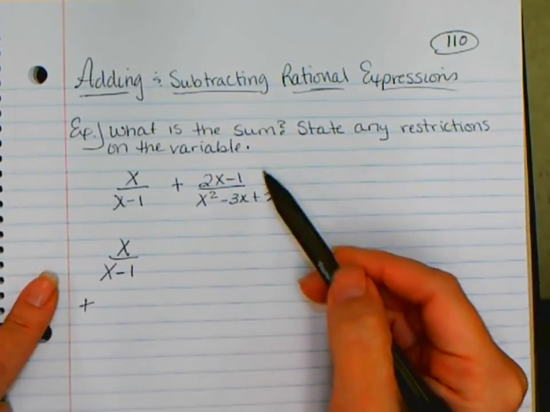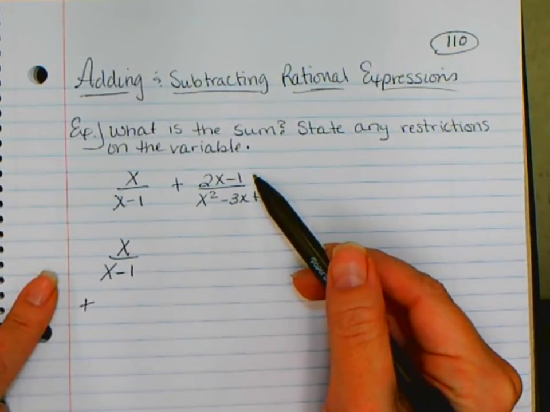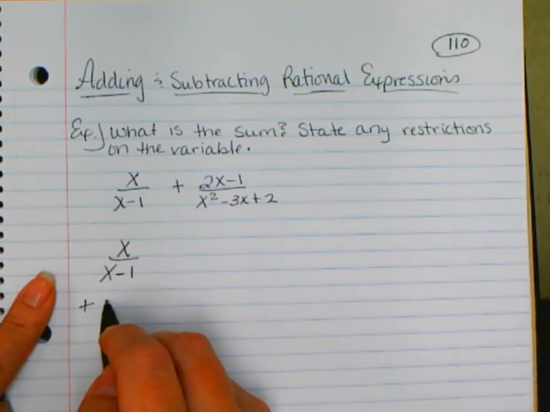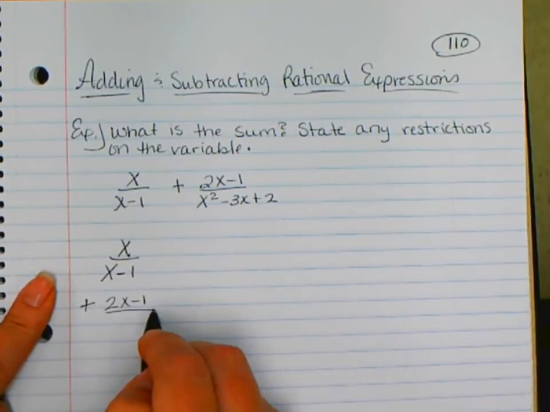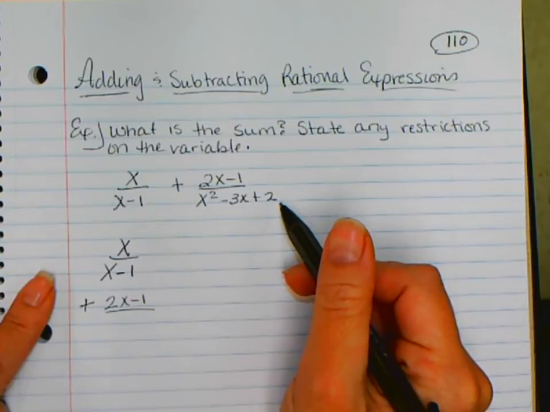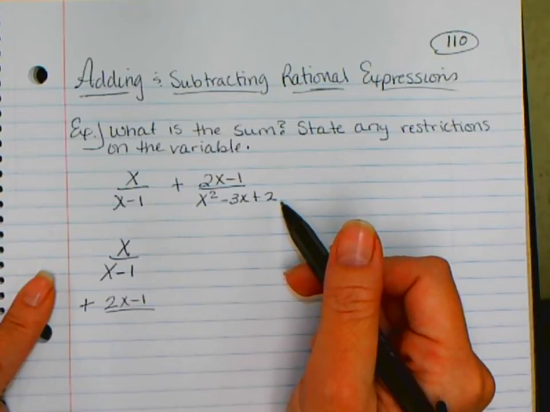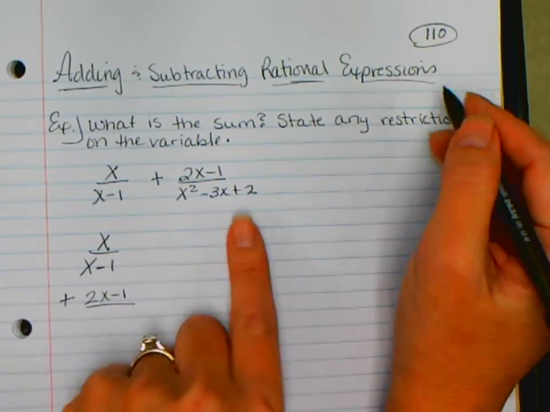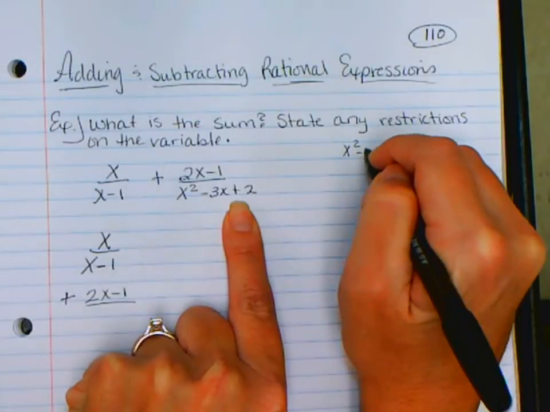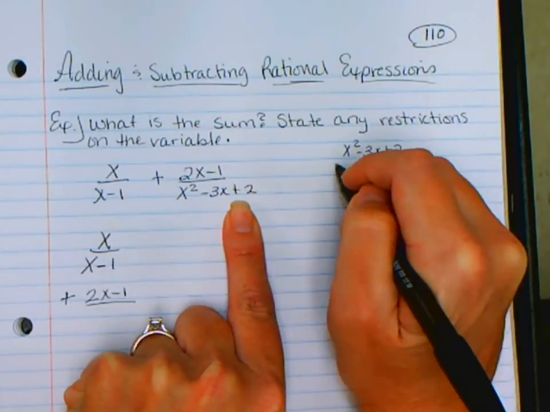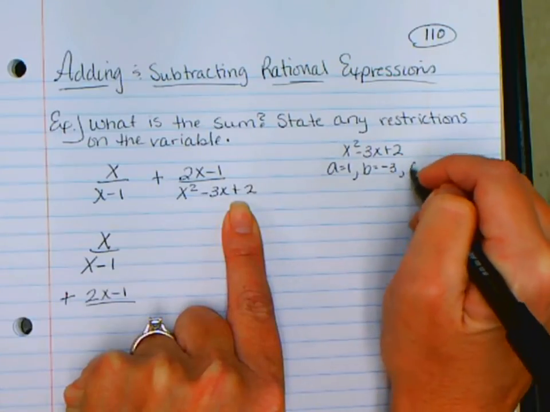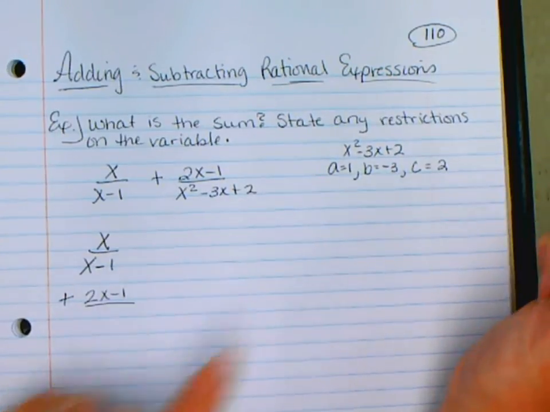Plus, in my second fraction, can I factor 2x minus 1? No. So plus 2x minus 1 over, but I probably can factor x squared minus 3x plus 2, right? It's a quadratic. So if I can factor it, I'm going to. So I'll do that over on the side. For x squared minus 3x plus 2, a is 1, b is negative 3, and c is positive 2.